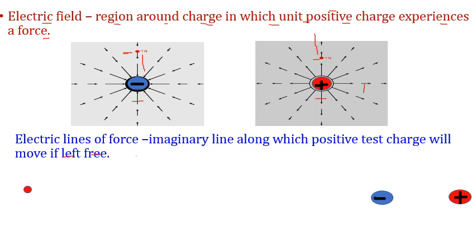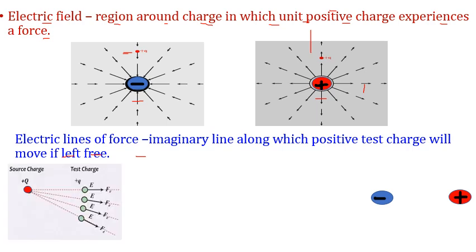Just as I told you, this unit positive test charge is either moving towards or going away from that charge. So electric lines of force give the idea of the path along which the test charge is moving. Okay, I will explain this using this example. Imagine this is plus q charge.